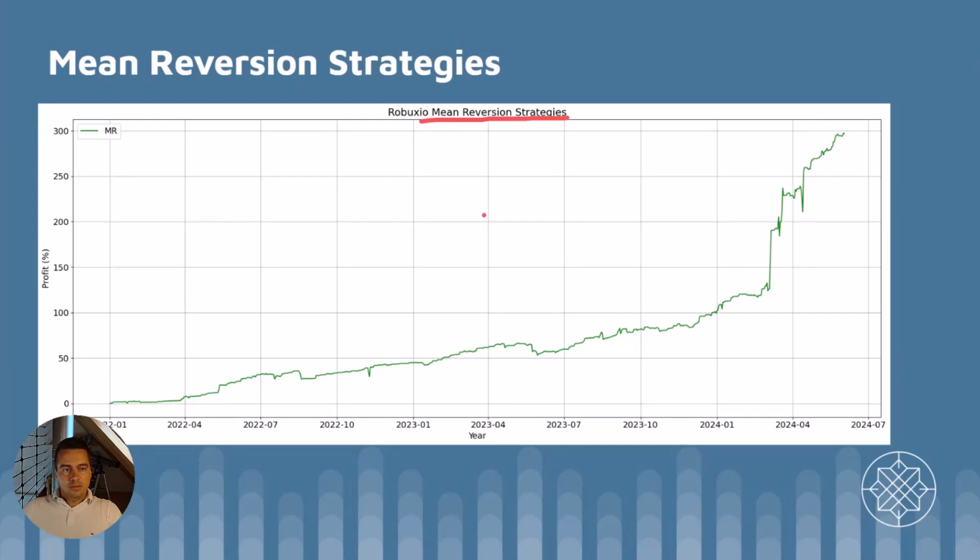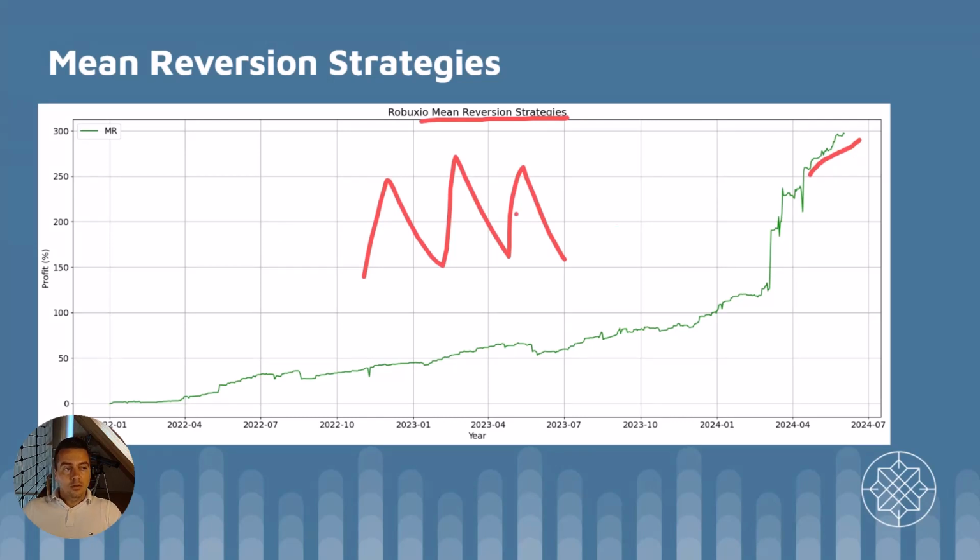Mean reversion strategies are basically making money in sideways markets, which is exactly the market we are trading in right now. And you can see it on the equity curve. You can see how these mean reversion strategies are really making money very stably.